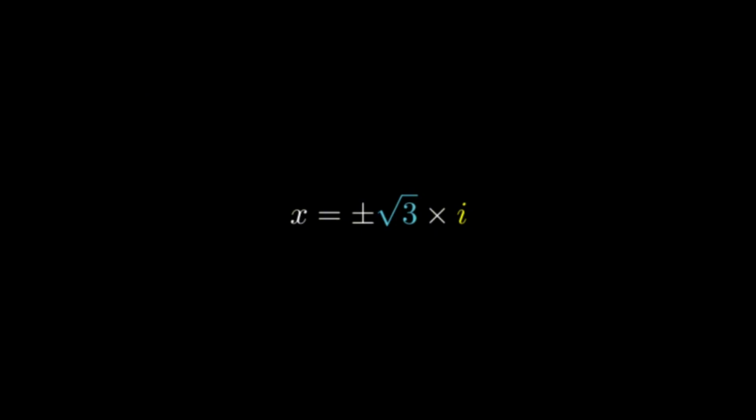This is why complex numbers are so powerful. These solutions are called complex numbers, consisting of a real part, which in this case is 0, and an imaginary part, which is the square root of 3 times i. Complex numbers expand our number system beyond the real line into a two-dimensional plane.